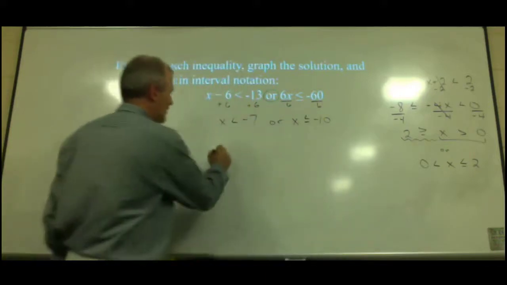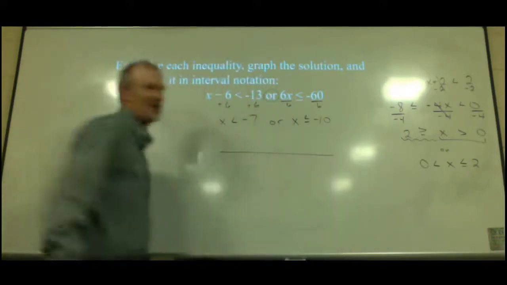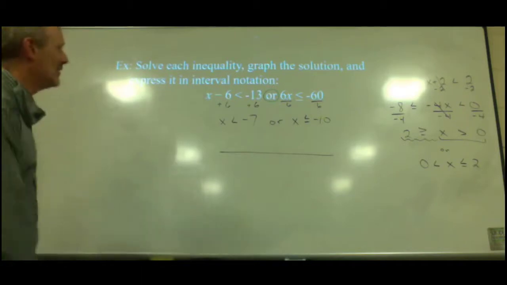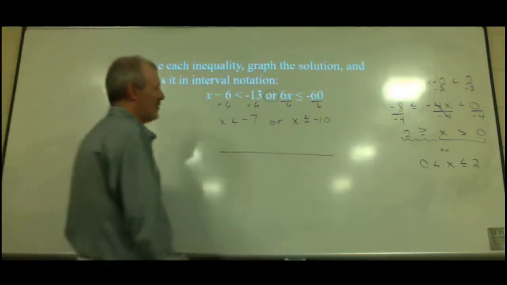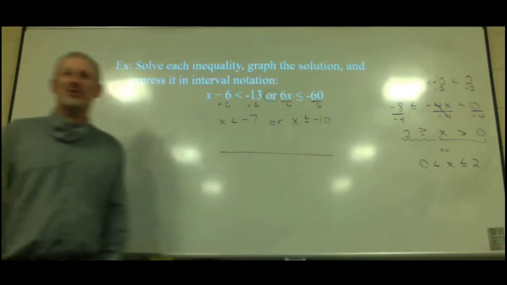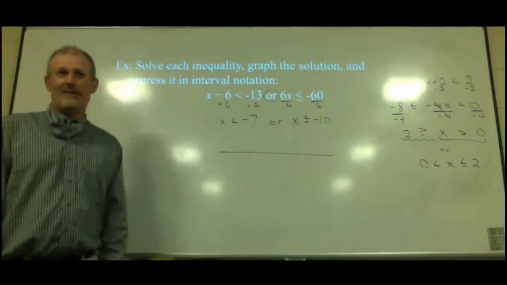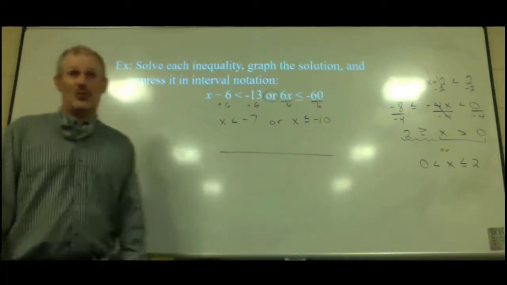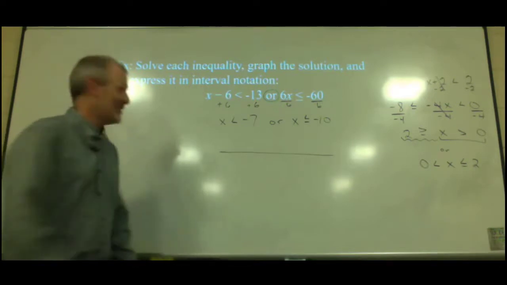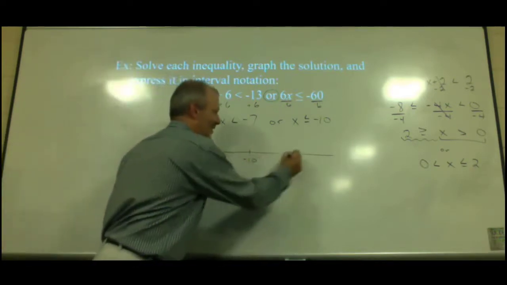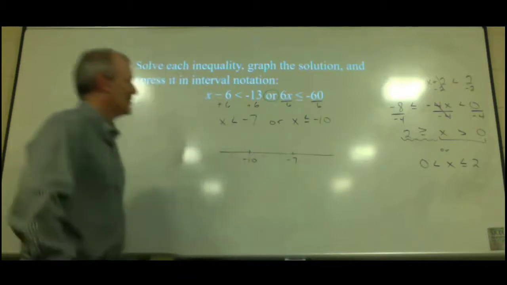All right, let's see if we can draw the picture here. I think this is another one of those that's kind of weird, but let's take a look. Our two boundaries are -7 and -10. Which one goes where? -7 goes on the left. No, oh, sorry, because it's negative, right? Okay, so -10 here and -7 here. So let's do the -7.